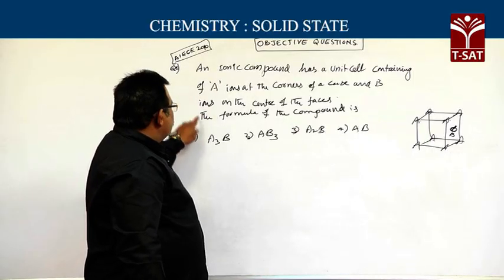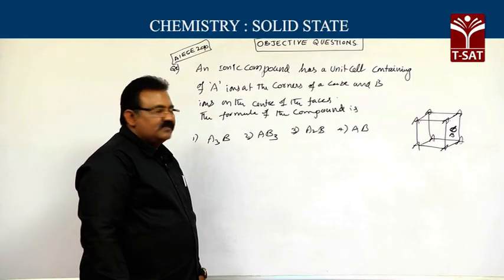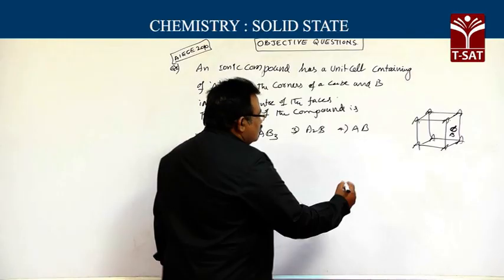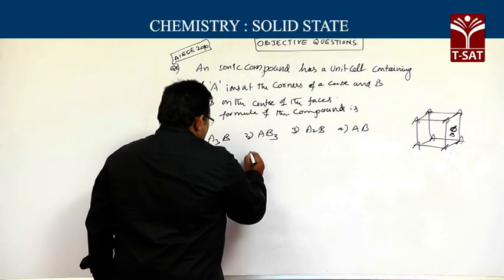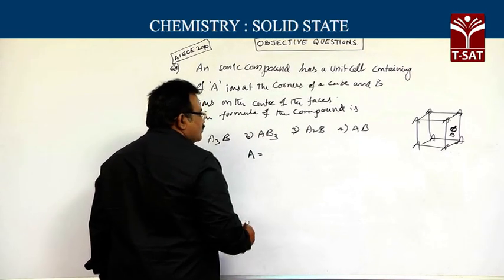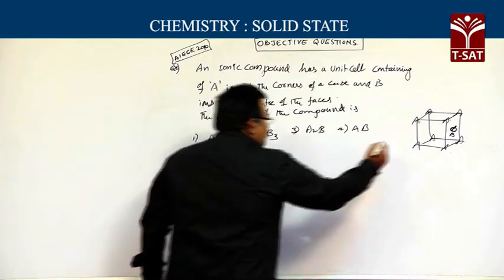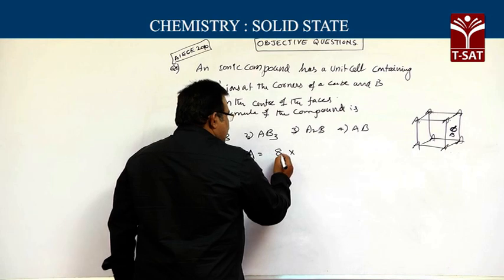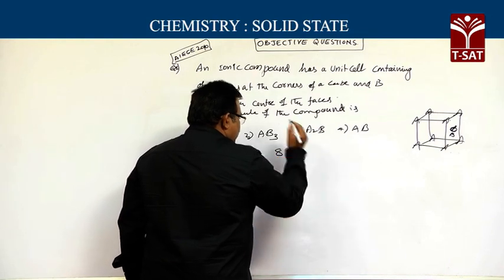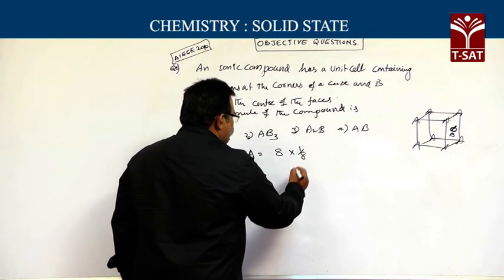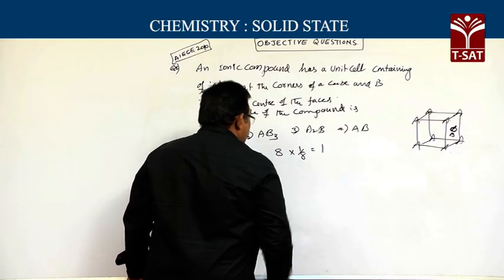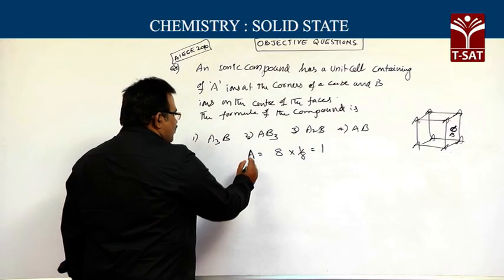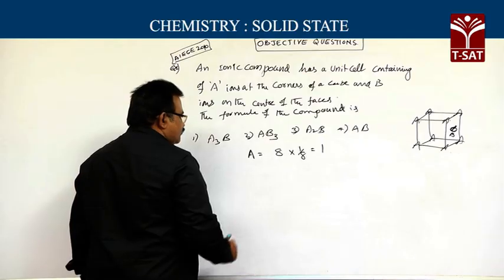Based on that, what is the formula of the compound? Now, 8 A atoms are present. Each A atom is shared by 8 unit cells. So, 8 into 1 by 8, the number of atoms of A is equal to 1.